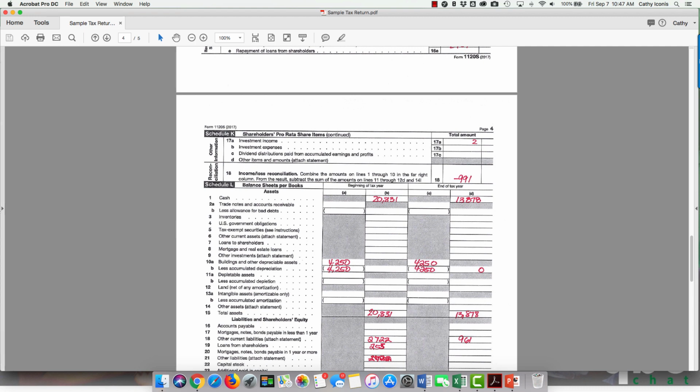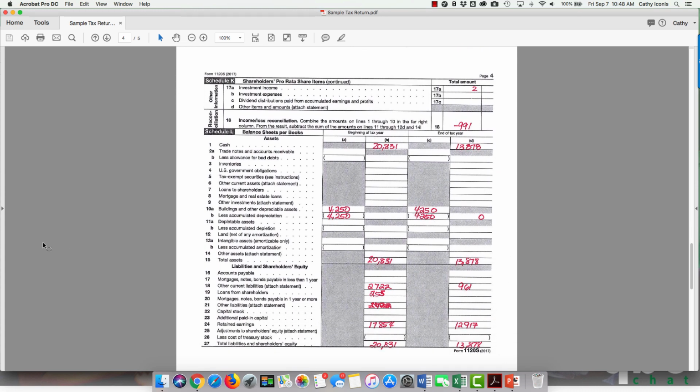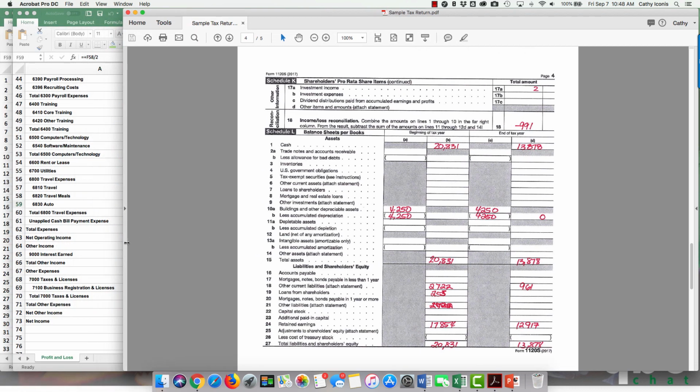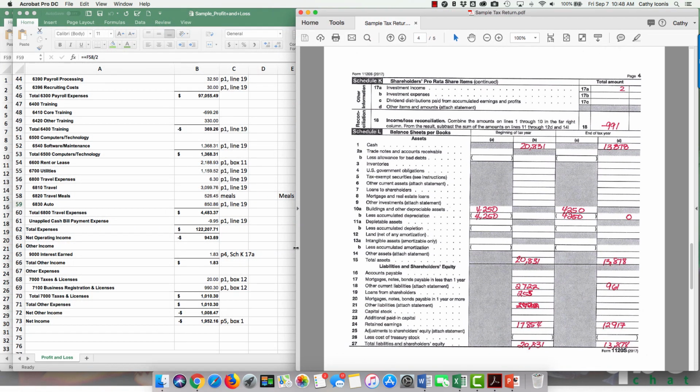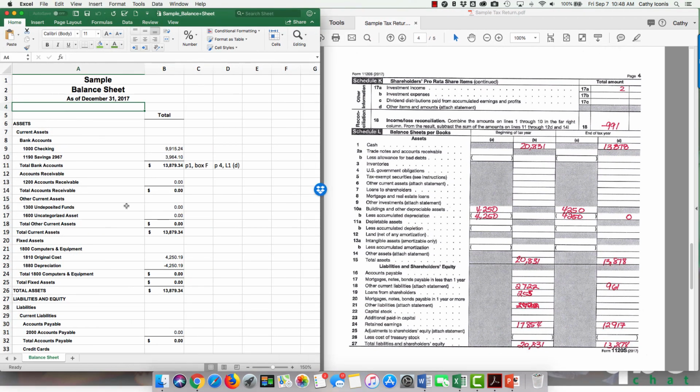So with this, the balance sheet gives you your beginning of year balances and your end of year balances, and it is a very top level summary view of things. So this is my sample balance sheet over here, right? And we have total bank accounts of 13,879.